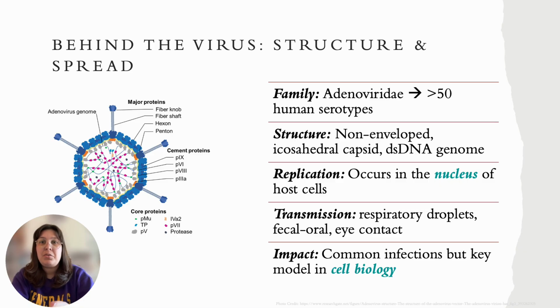Transmission happens through droplets, fecal-oral contact, or even eye exposure. While infections are often mild, they can be severe. Adenoviruses are a key model in cell biology because they manipulate almost every stage of the host cell's environment, from entry and trafficking to replication and assembly.